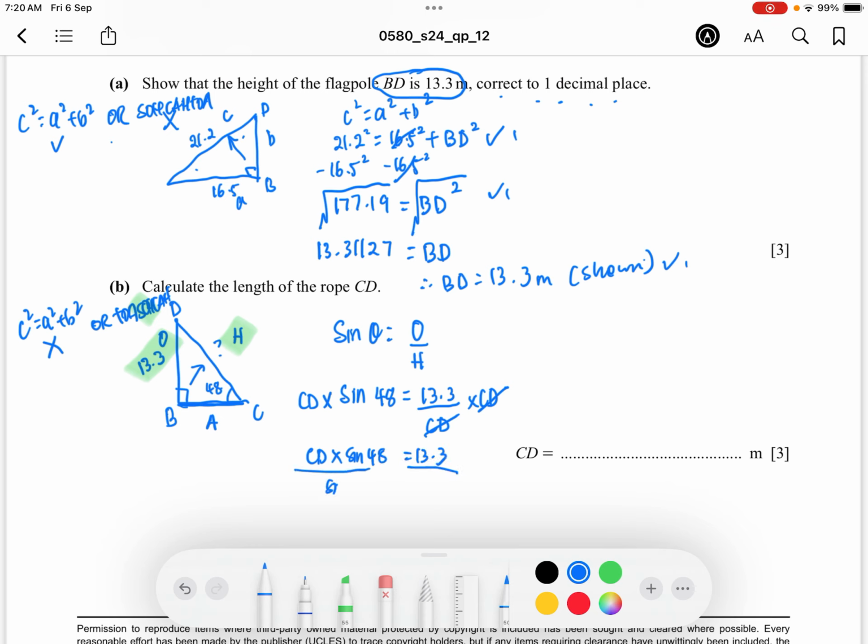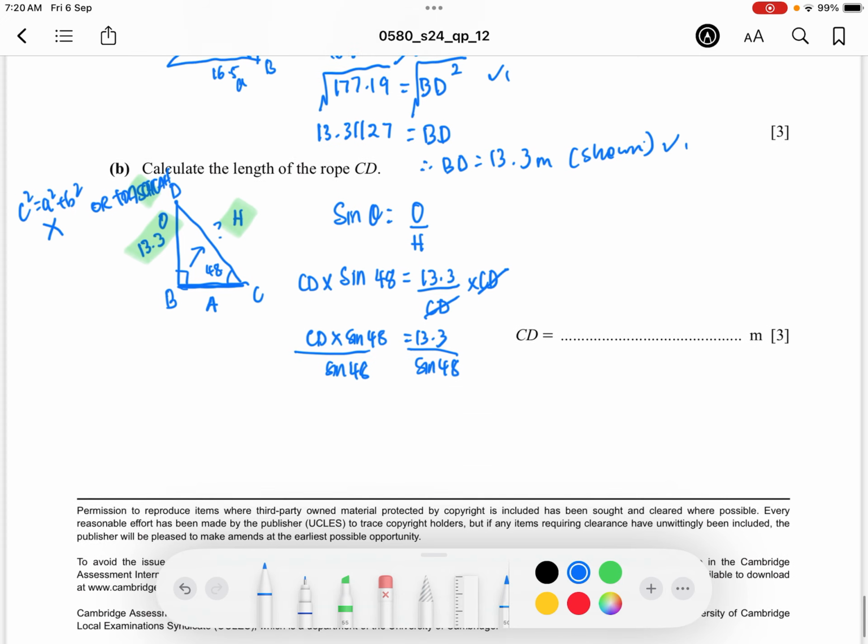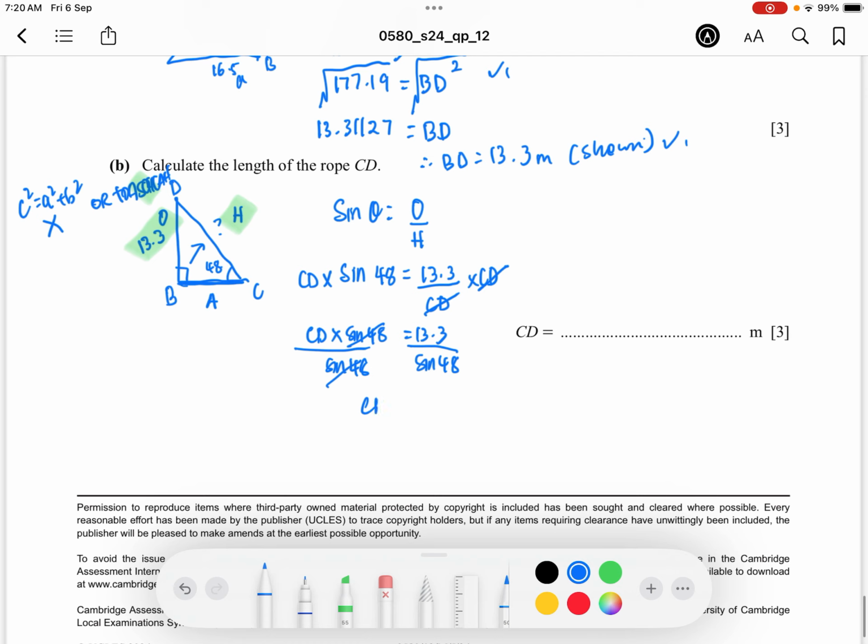Divide both sides by sine 48. So CD is equal to 13.3 divided by sine 48. Use your calculator. You get this, and should give the answer correct to 3 significant figures. 1, 2, 3. So 17.9. Okay, and that's it.